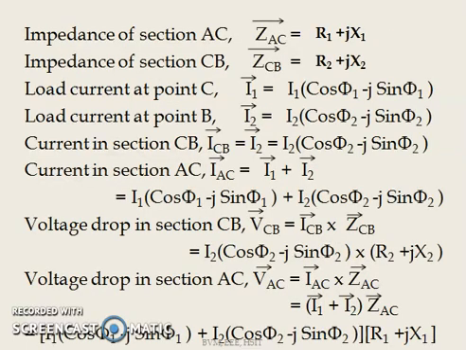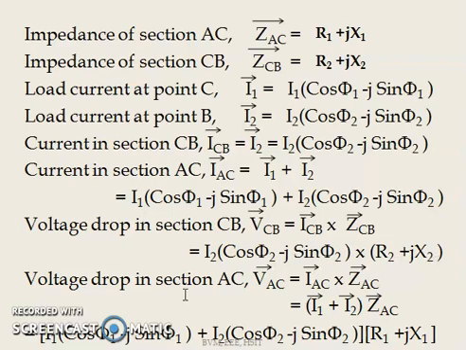So VCB is ICB into ZCB. ICB is I2, so I2 cos phi 2 minus j sin phi 2, multiplied by ZCB, which is R2 plus jX2.